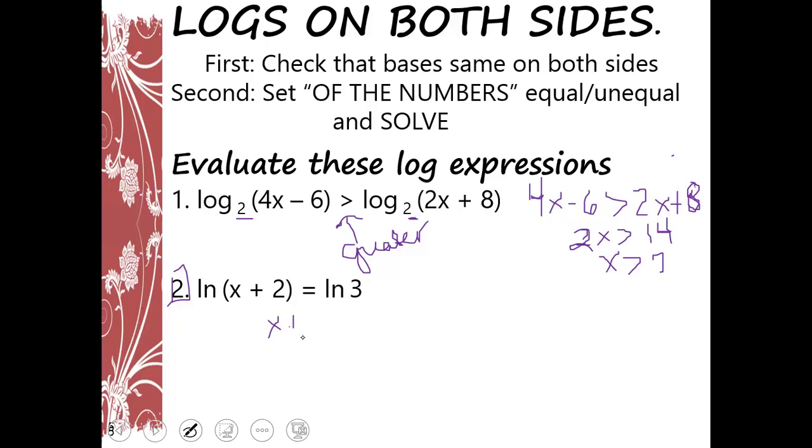So I get x plus 2 has to be equal to 3, or x has to equal 1 when I subtract 2 from both sides of my equation. And if we check it, we get ln of 1 plus 2 is 3, so ln of 3 over here. And we get 3 here, so ln 3 equals ln 3.